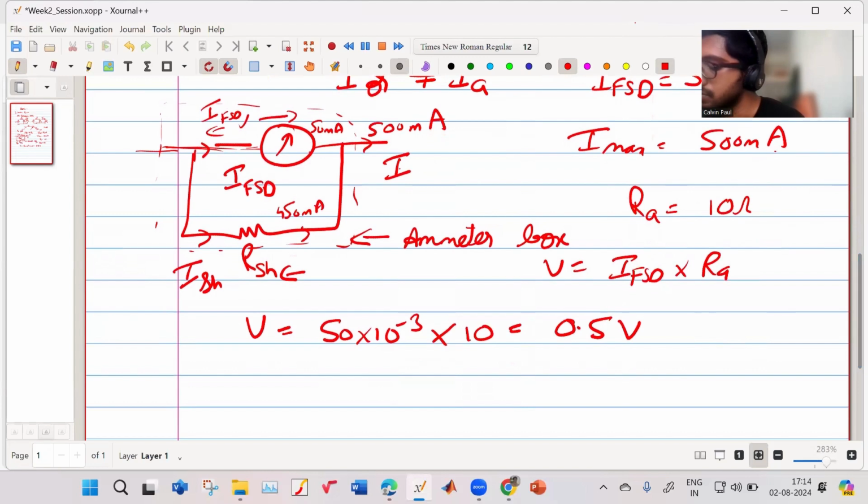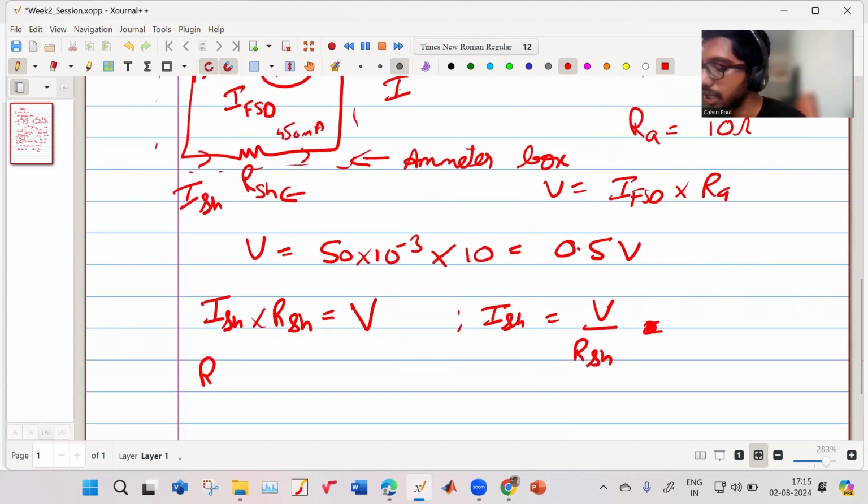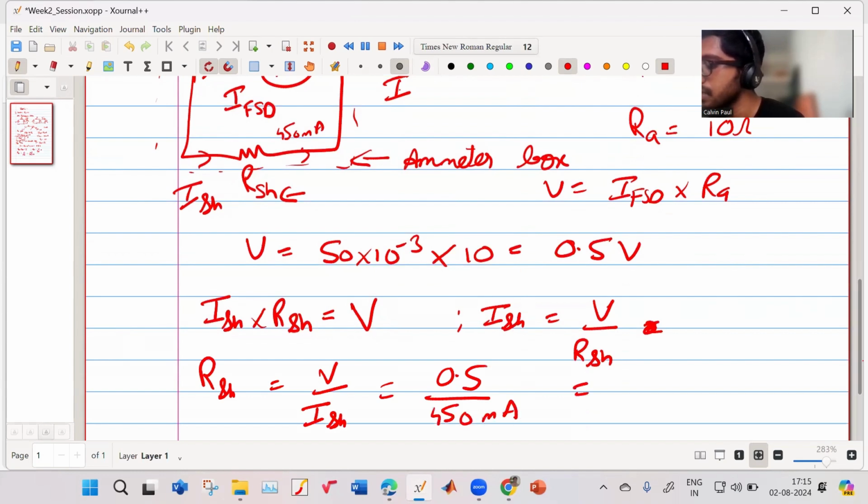Now your current I shunt into R shunt also has the same voltage drop V. So your I shunt will be equal to V upon R shunt. But we already know I shunt, and we don't know R shunt. So we write R shunt is equal to V upon I shunt, that is 0.5 upon 450 milliampere, which is 0.5 divided by 0.45.